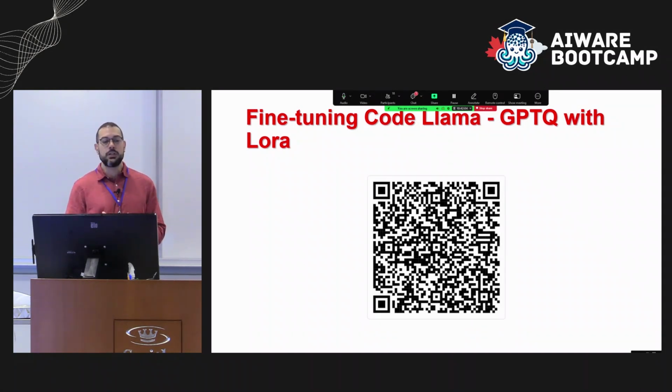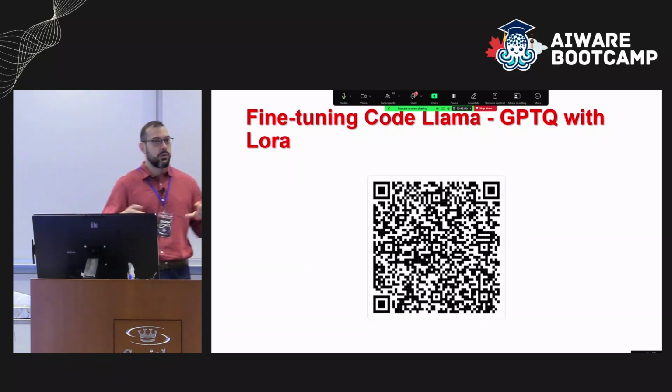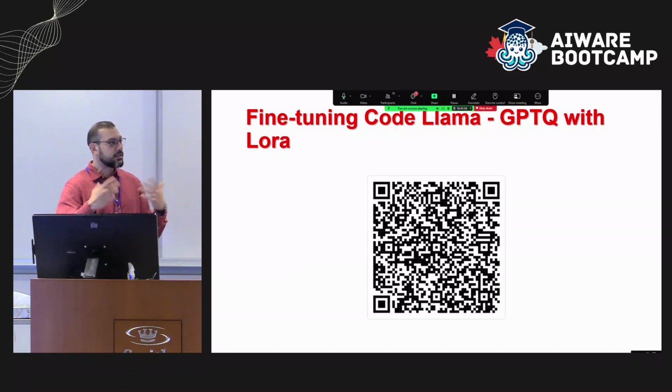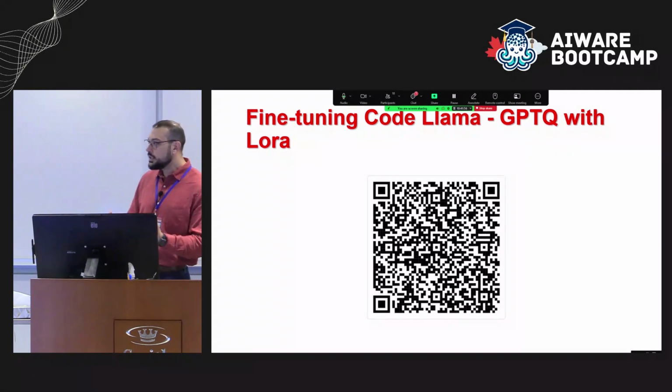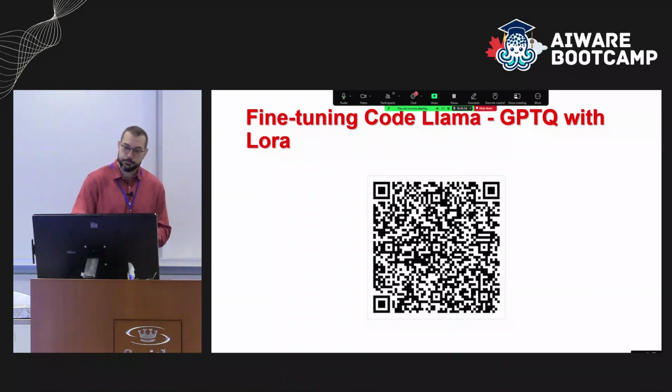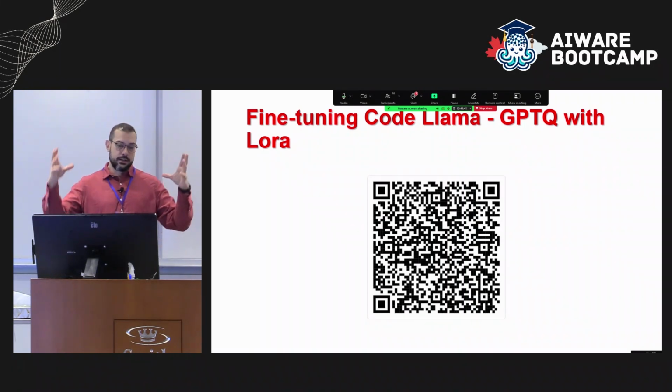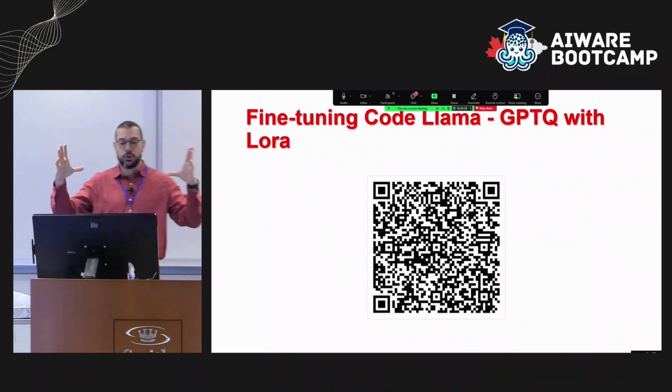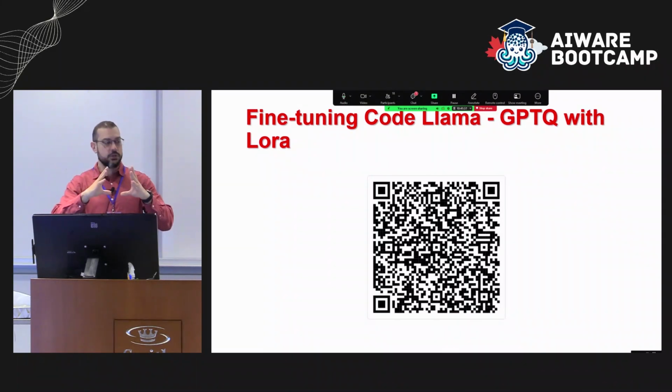Now, if you go and fine-tune the whole model with all the parameters, you can imagine that for these super large models, you're going to need a lot of computing resources. And one of the things that Gopi also explained is this technique called LoRA, or low-rank adaptation, where you reduce the dimensions of the matrix before you multiply them.